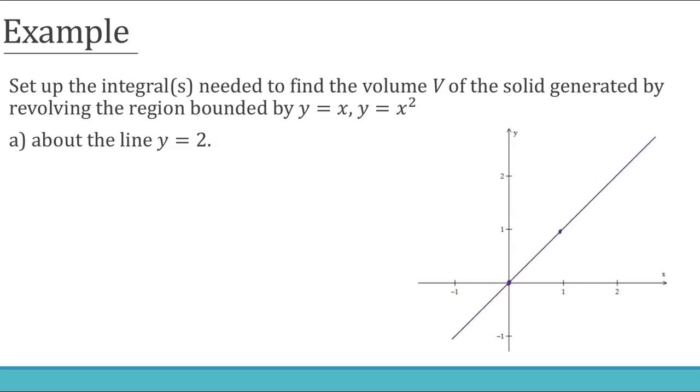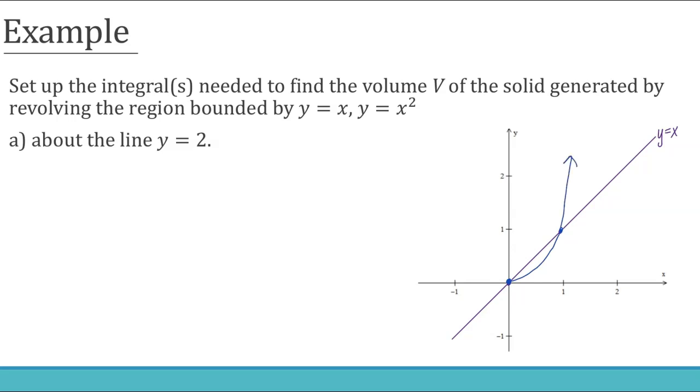And then y equals x squared, that's just that parabola, also passing through the origin, and the point 1, 1 and the point 2, 4, that's going to be off the graph here. But I'm going to make sure to sketch this as a parabola.